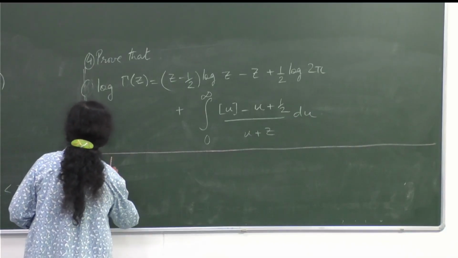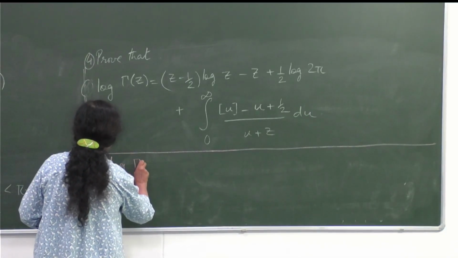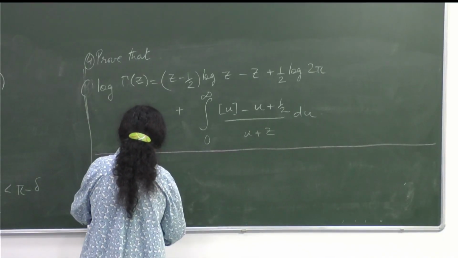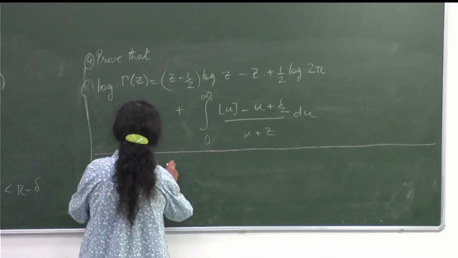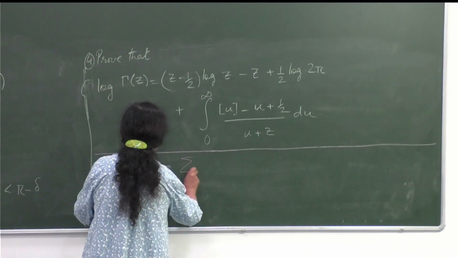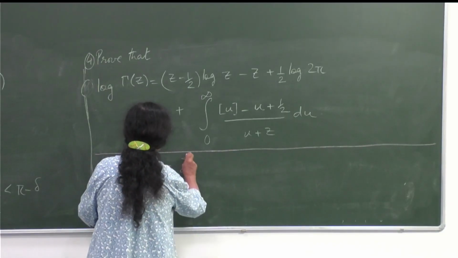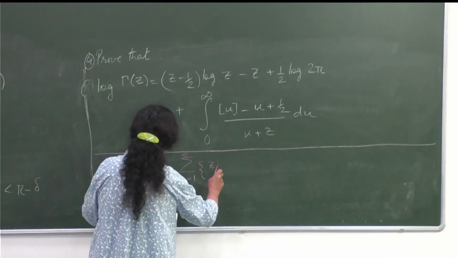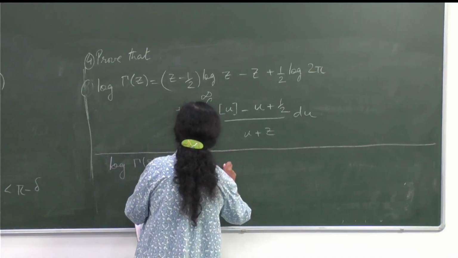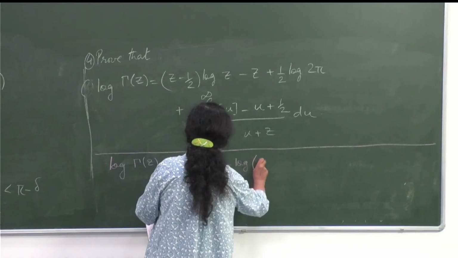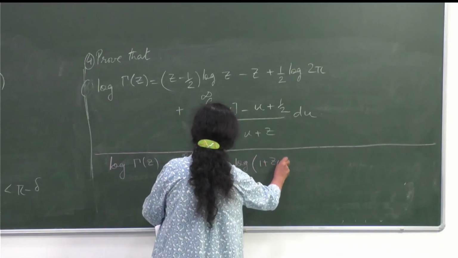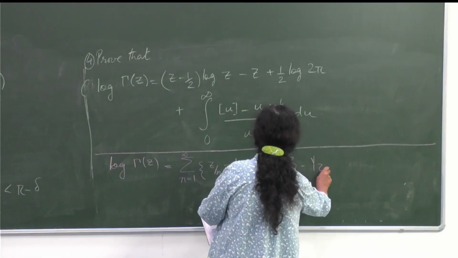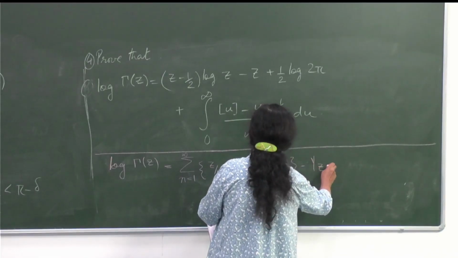So log of gamma z can be written as the infinite sum, n equal to 1 to infinity, of z by n minus log 1 plus z by n, minus gamma, this is the Euler gamma, minus log z.